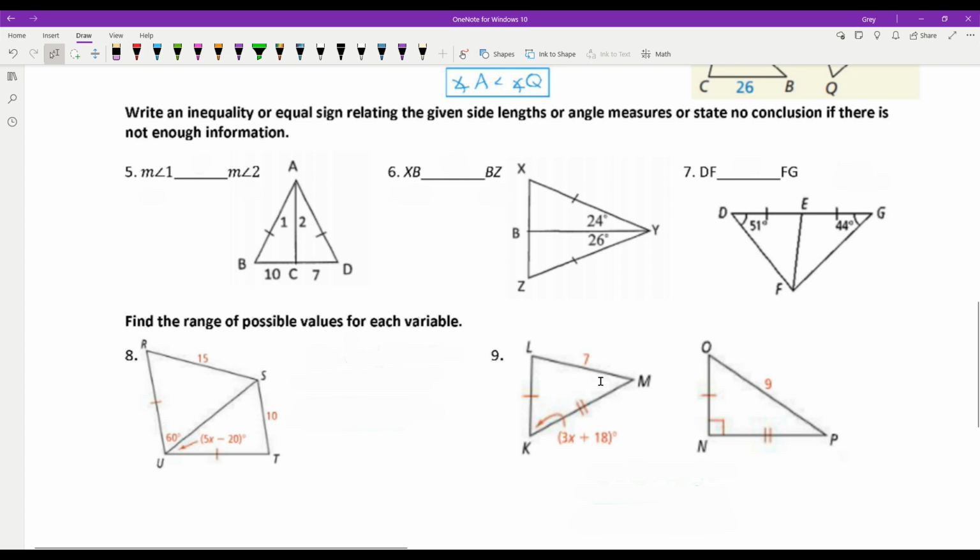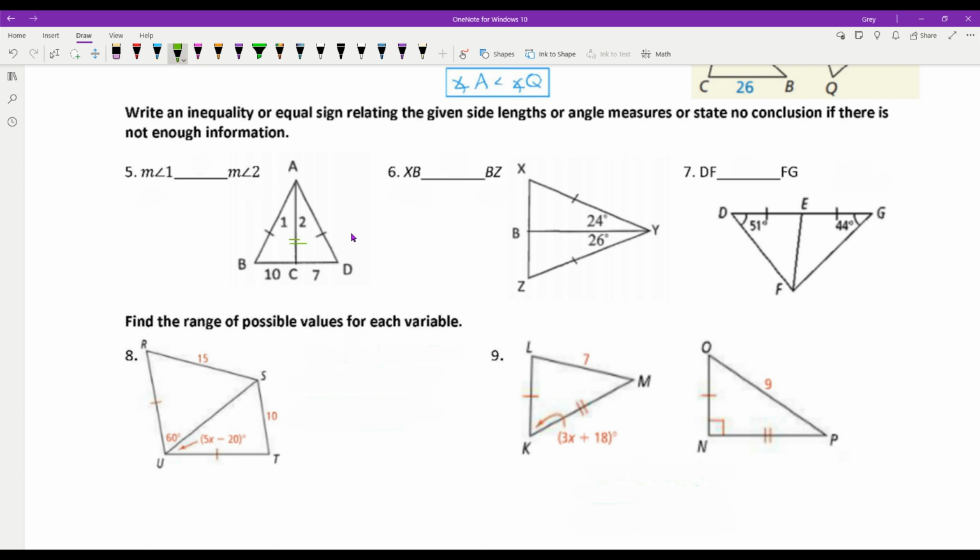All right, write an inequality or equal sign relating the given side lengths or angle measures, or state no conclusion if there's not enough information. So we have two sides that are congruent. AB is congruent to AD. And we know that this angle is congruent to itself.